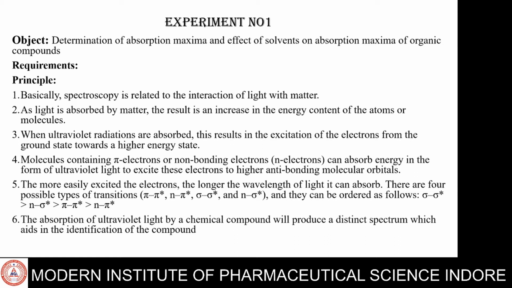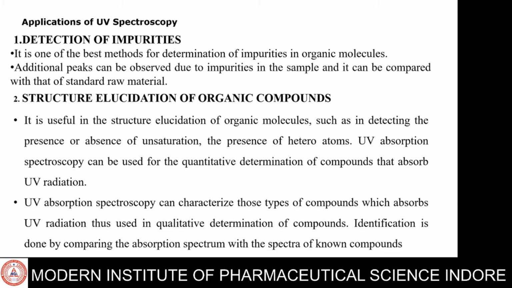A molecule containing pi electrons or non-bonded electrons can absorb energy in the form of ultraviolet light to excite these electrons to higher antibonding molecular orbitals. The absorption of ultraviolet light by a chemical compound will produce a distinct spectrum which aids the identification of the compound.